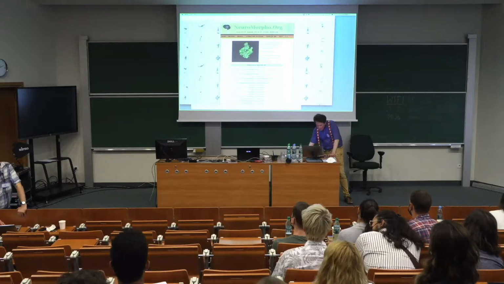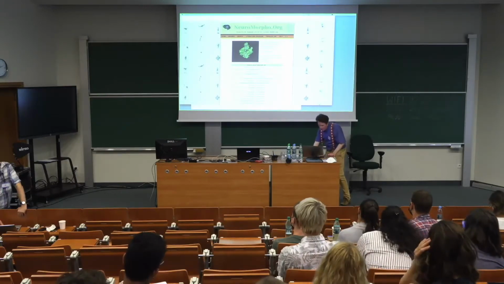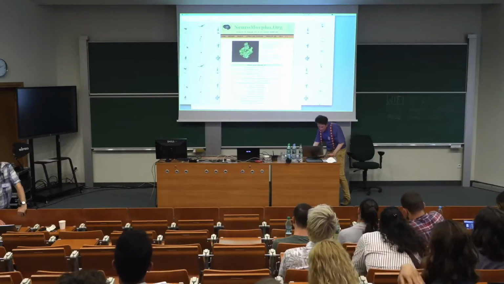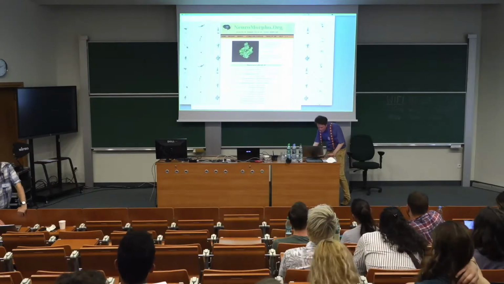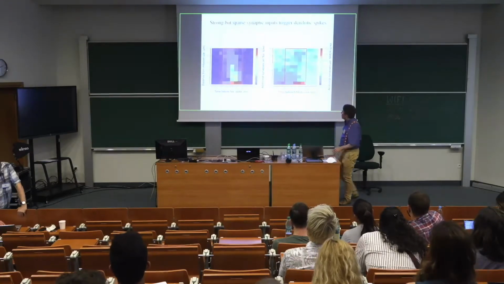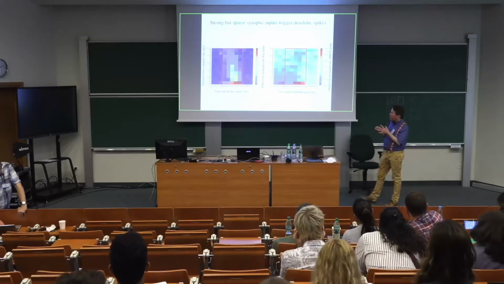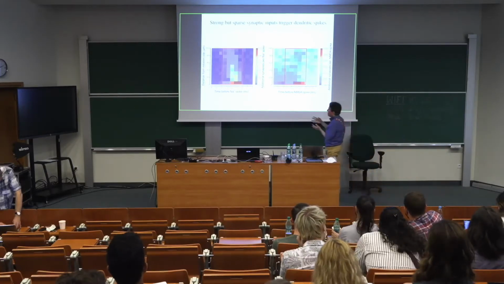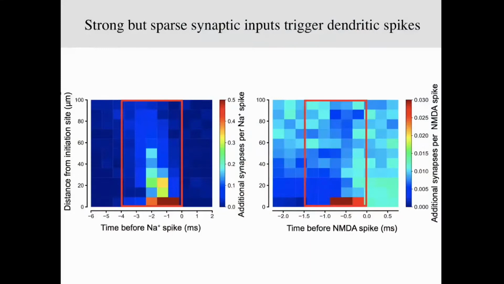Yeah. Good question. So let's see if I can get this thing back. Maybe let's go here first. You can see from the way we detect NMDA spikes and sodium spikes that with the sodium spikes we clearly captured not only the single local synapses that triggered it, but also the other synapses that ran at a slightly earlier time and at some distance from that single synapse.